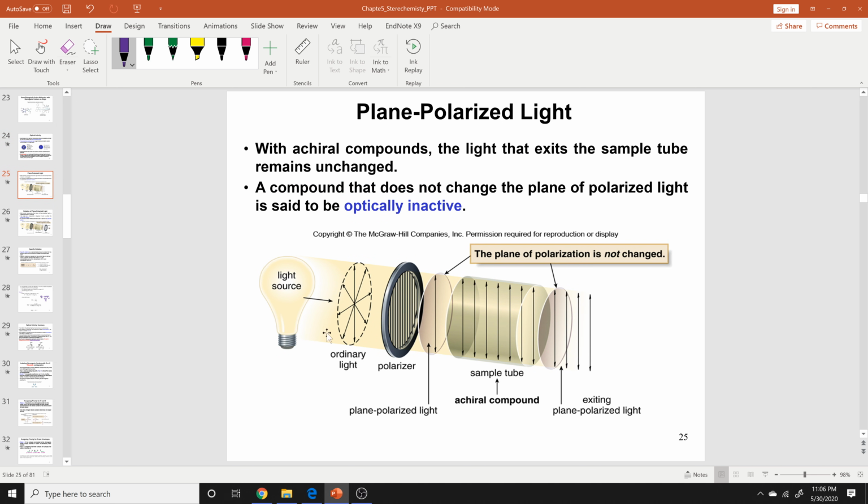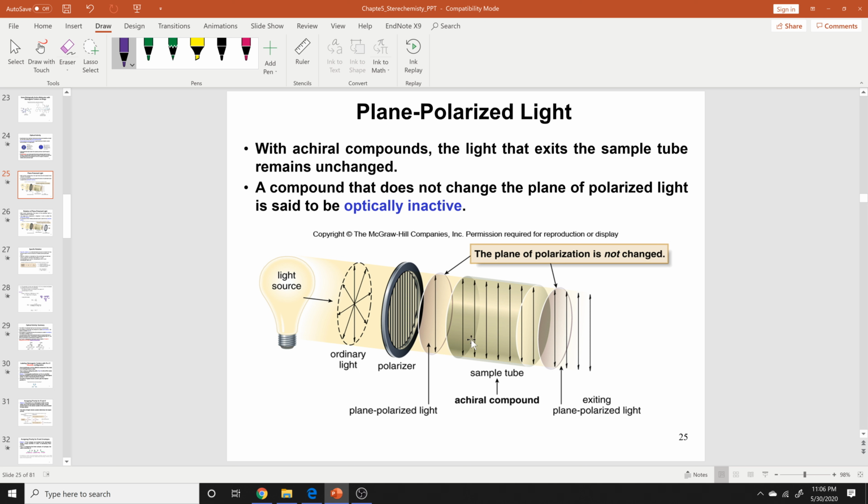If I look closely, a polarimeter is made up of a light source. The light source shines light in all directions. This is the ordinary light. It passes through a polarizer, and then we end up having a beam exiting here. This is the plane of polarized light.